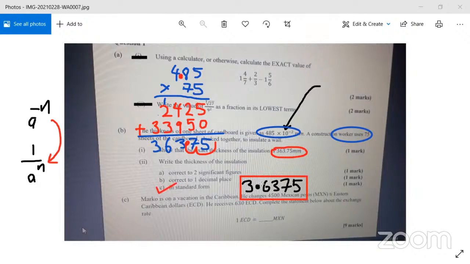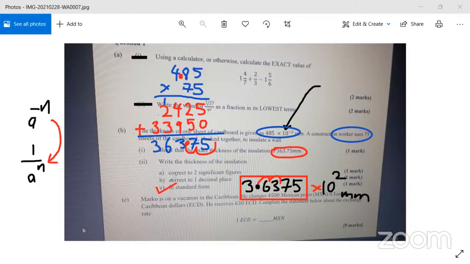What change must we make to this number here so that it becomes 363.75? You would have to multiply this number by 100. So the 100 is represented by 10 raised to the positive 2. All right, and of course, let's not forget the unit. So there's that.